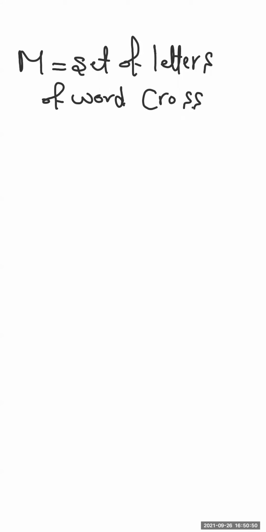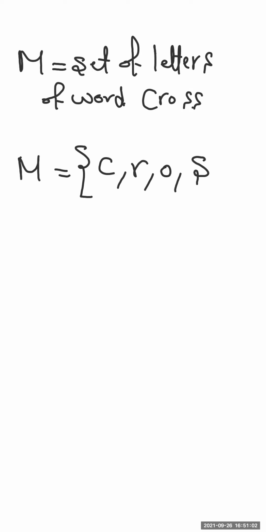So in this case, guys, we will write down M equal the set of letter C, then letter R, then letter O, then letter S. Do I suppose to repeat letter S again? No, we said never repeat elements. Okay, guys?